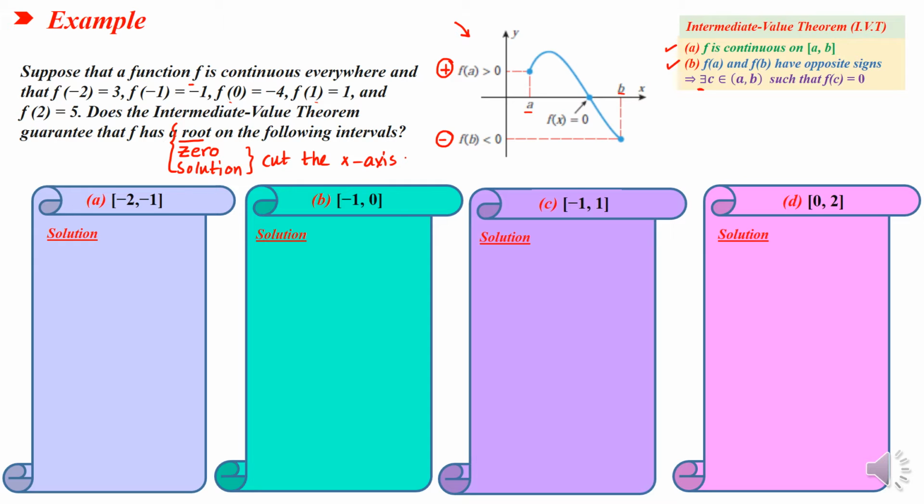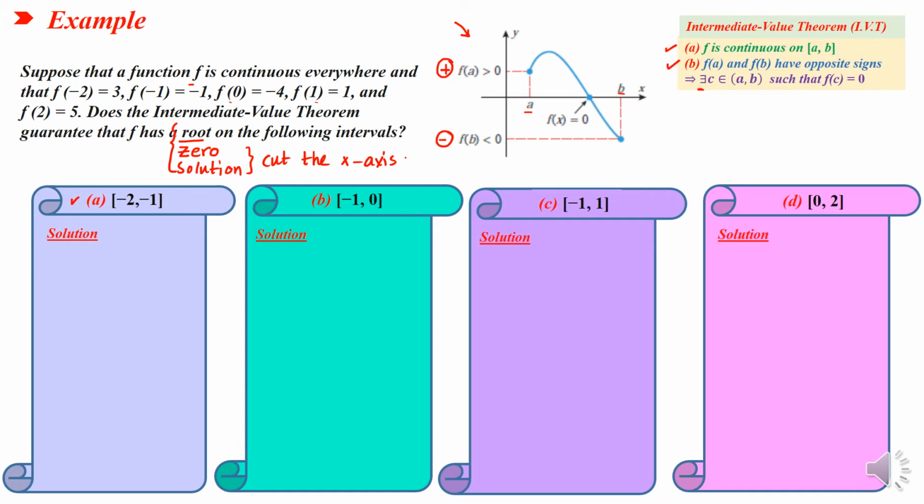So in part A we have the interval from negative 2 to negative 1. If you want to check if f has a 0 in this interval, first you have to check the sign of f of negative 2 and the sign of f of negative 1.